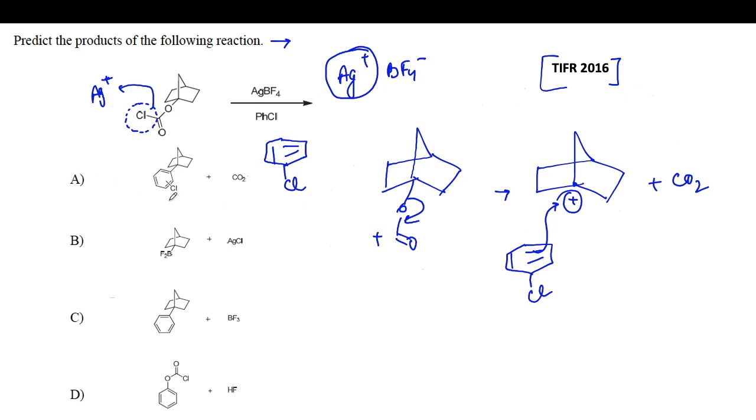So that is why the solvent is going to interact, and the correct option will be A, right? CO2 eliminated, AgCl eliminated, and along with that, you are not getting the fluoride to attack over here. You are rather getting the free solvent, which is present in excess, to attack over this bridgehead position.